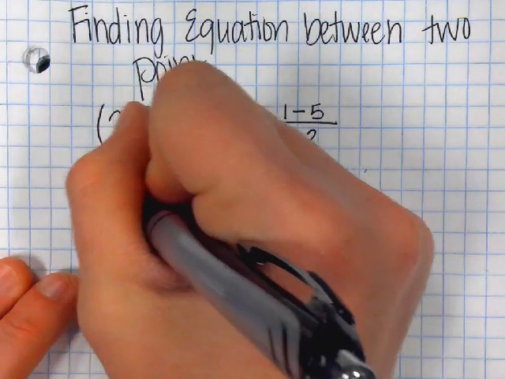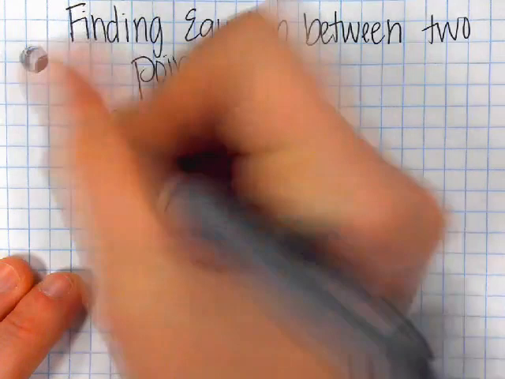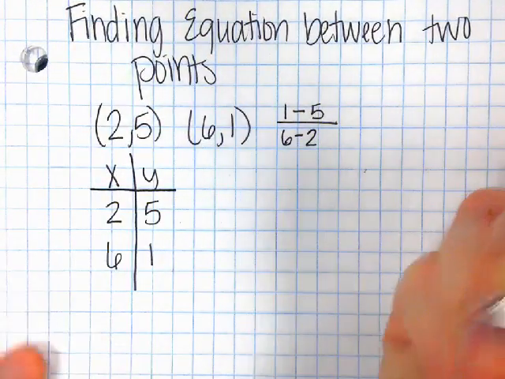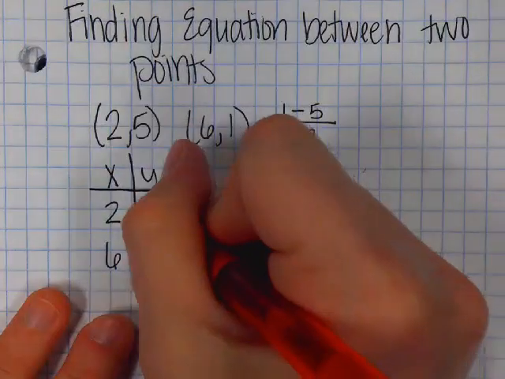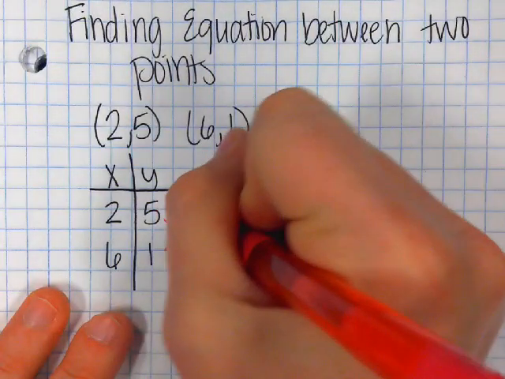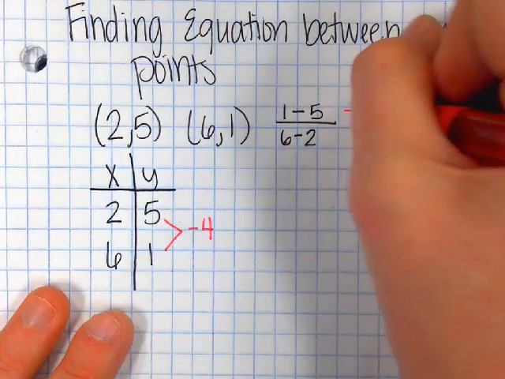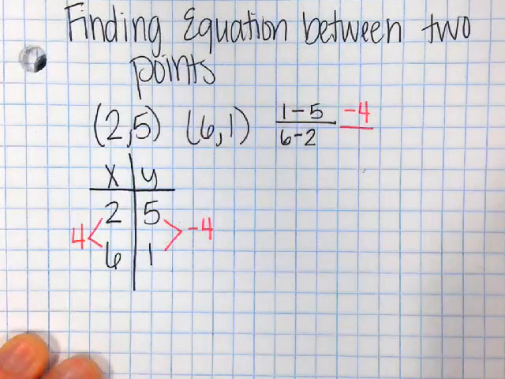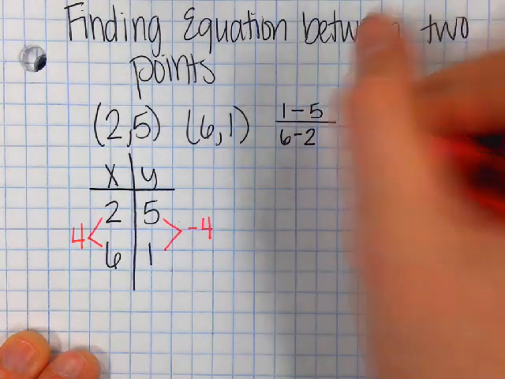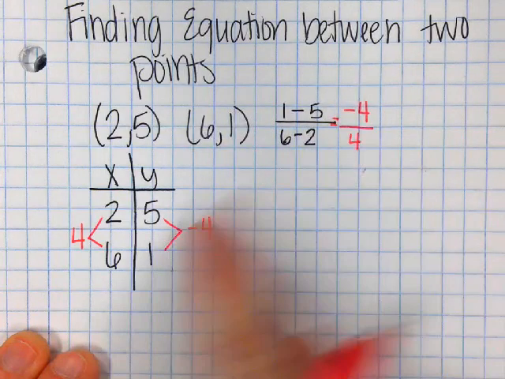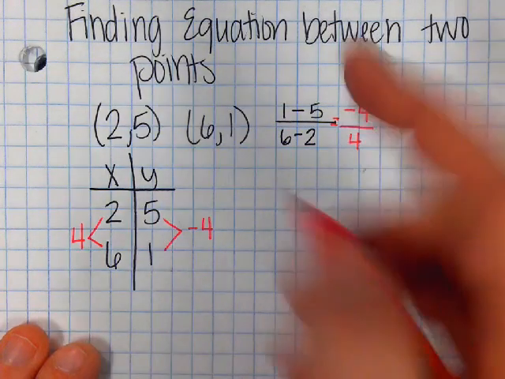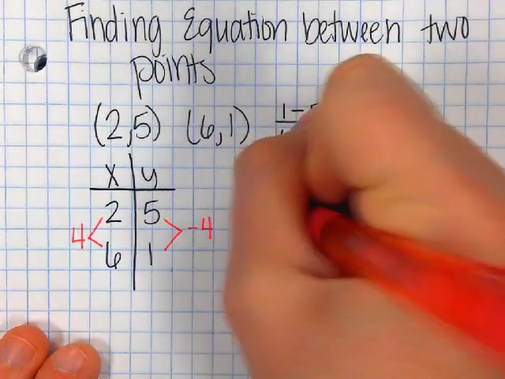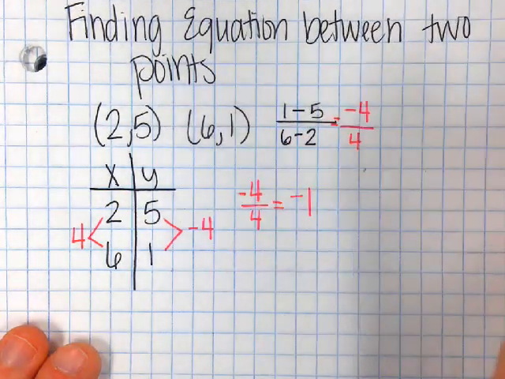You can do it that way. I personally think it's easier if you just put the 2 points in a table, 2, 5, and 6, 1, and just find the change like you always do. From 5 to 1, that goes down 4, or 1 minus 5 is negative 4, over 2 to 6 goes up 4. I'm just doing it in the formula too so that you can see where they connect. Remember, you always do y divided by x, so negative 4 divided by 4 equals negative 1.